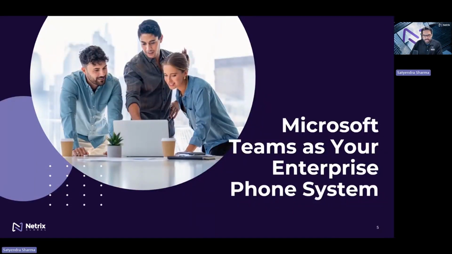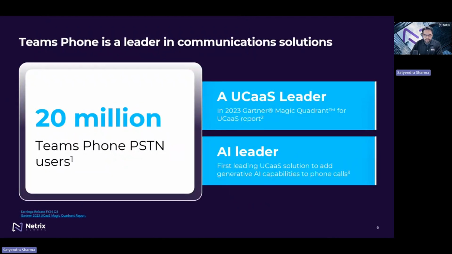So, Microsoft Teams as your enterprise phone system. As you may know already, Microsoft Teams continues to be the leader in the voice and communication landscape. There are more than 20 million Teams phone users using Microsoft Teams as their enterprise phone platform. According to the Gartner Magic Quadrant report, Microsoft continues to be the UCaaS leader.